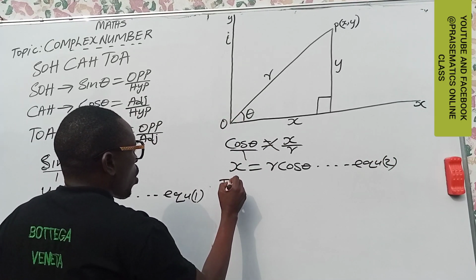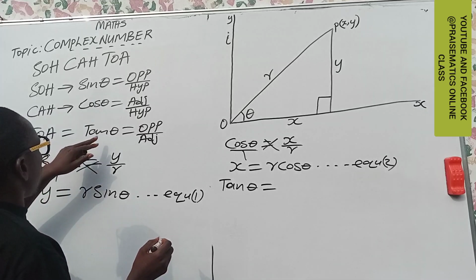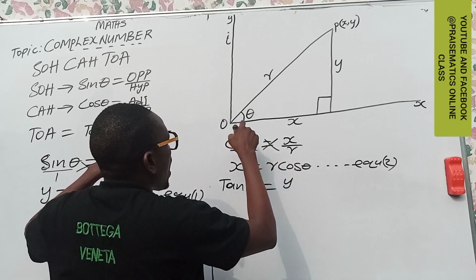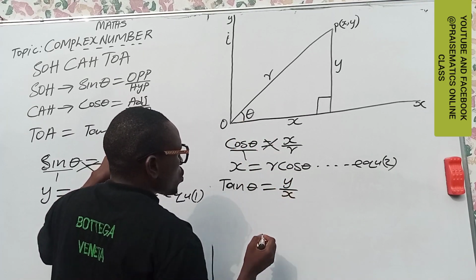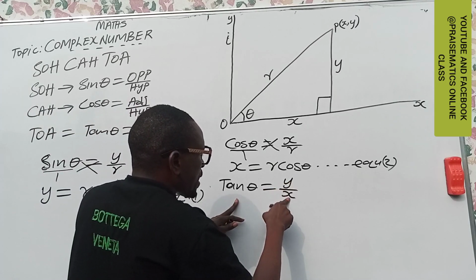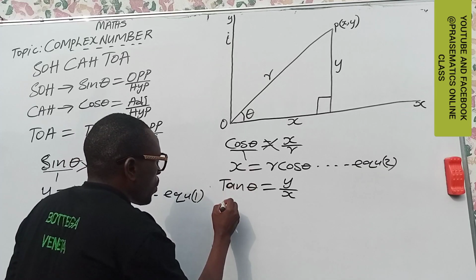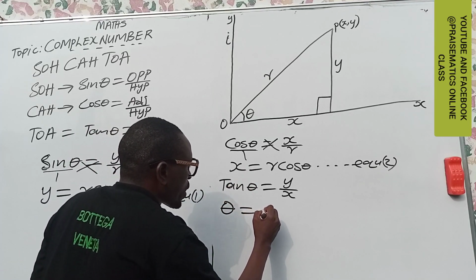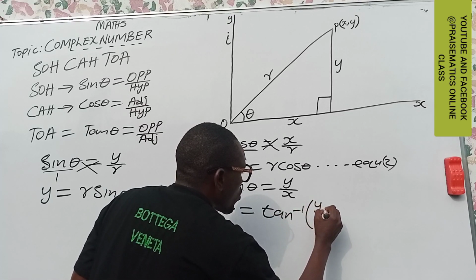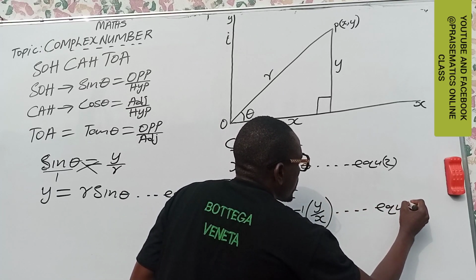Now, we have another one called tan theta. Tan means opposite over adjacent. Our opposite is Y, and our adjacent is X. We have already gotten Y and X, so we have to make tan theta the subject of the formula, which means theta is equal to tan inverse of Y over X. Call it equation 3.